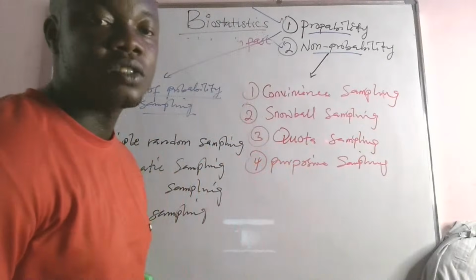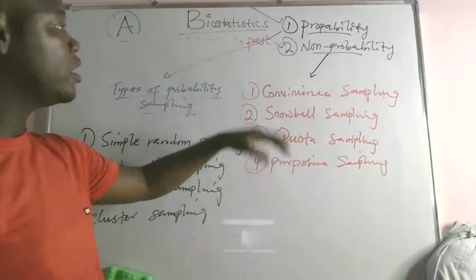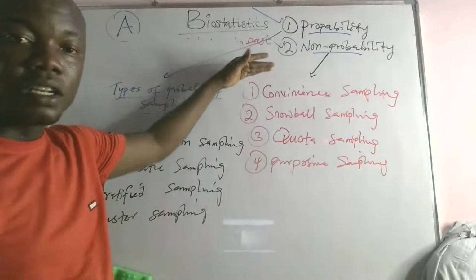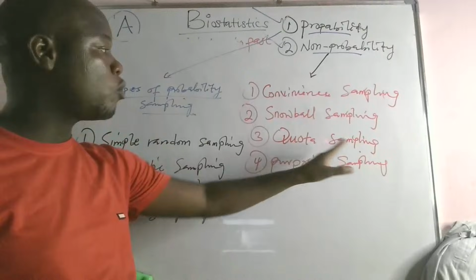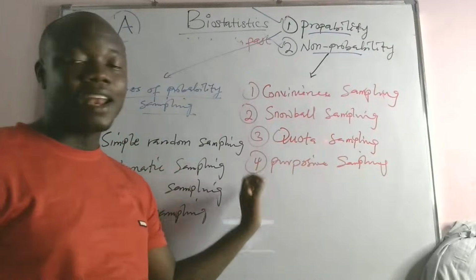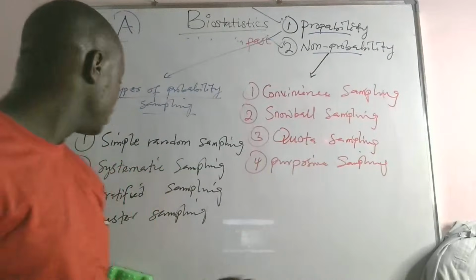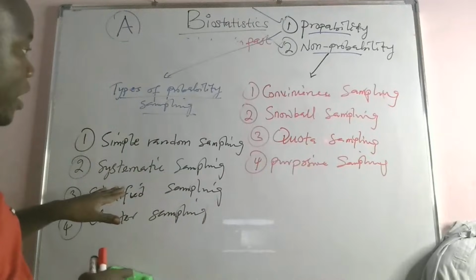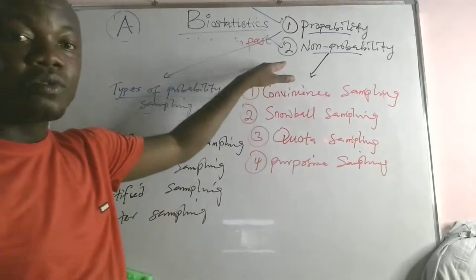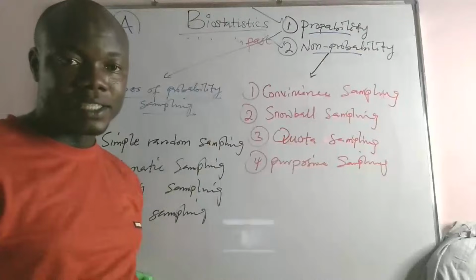So, of course, under non-probability sampling, we have convenience sampling, snowball sampling, quota sampling, and then the last one, purposive sampling. So we have four types of probability sampling and four non-probability sampling.